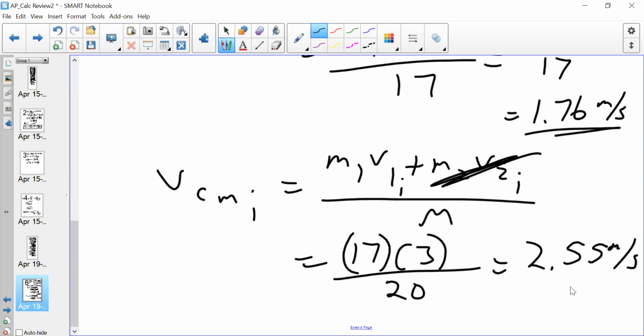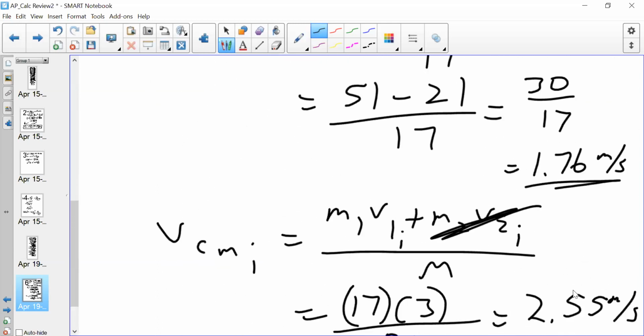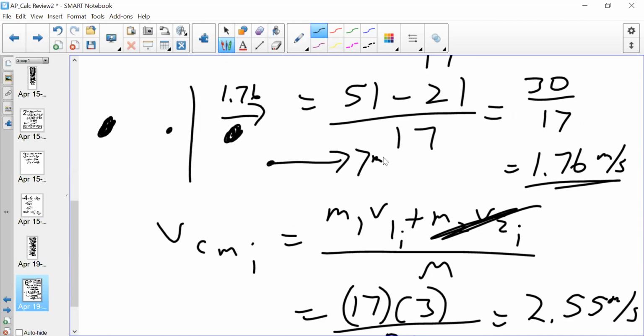So the center of mass, and that should make some sense to you, because I didn't draw it. But big mass, small mass, collision, big mass still moves at 1.76, small mass at 7.